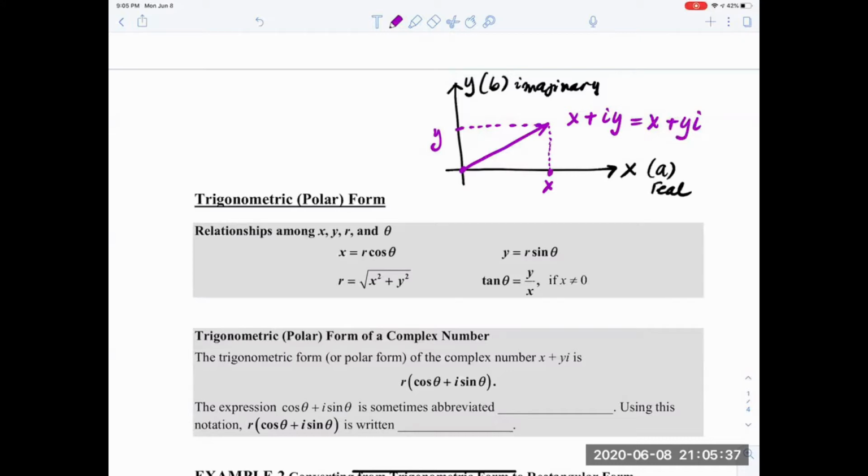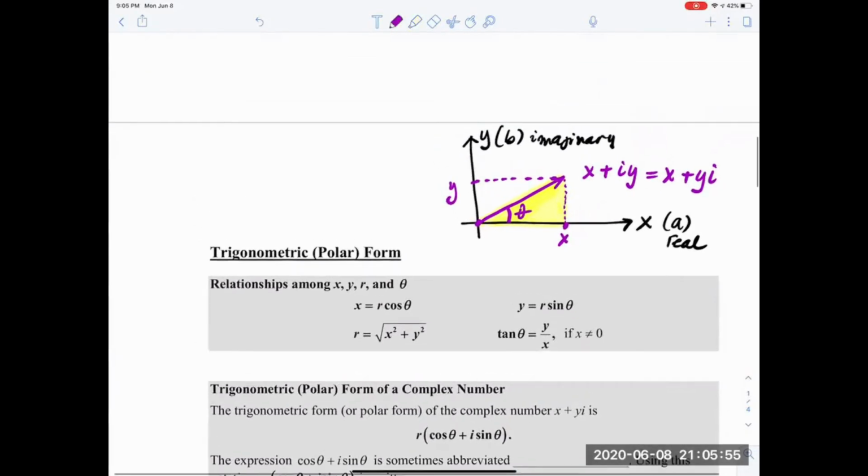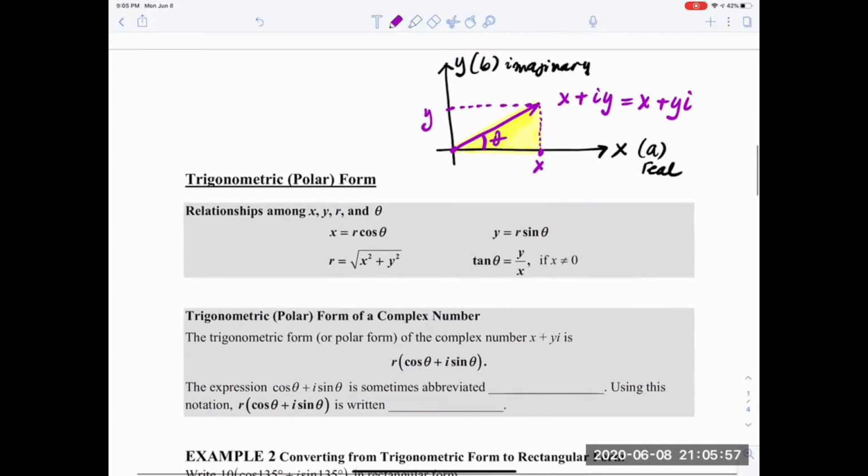Very good. Now, if you're looking at the angle that is formed between the vector and the x-axis, that is your angle theta. By sitting in a triangle here, either one of these triangles, you have to think, what is each coordinate? Well, sine of theta is opposite over hypotenuse, and the opposite happens to be y.